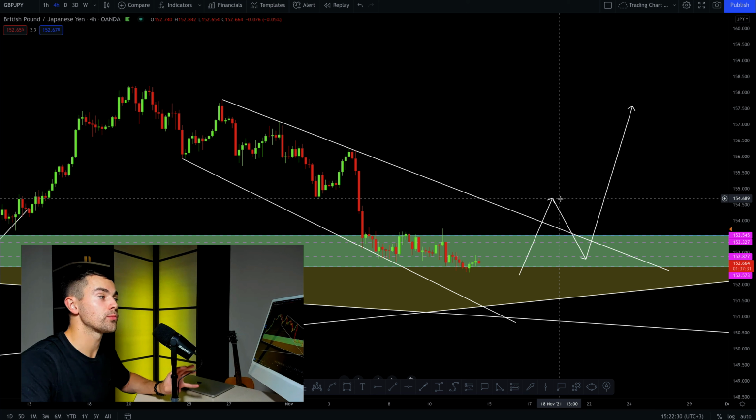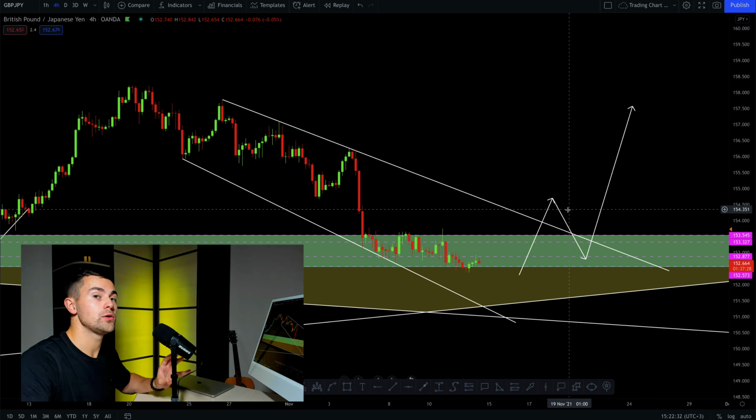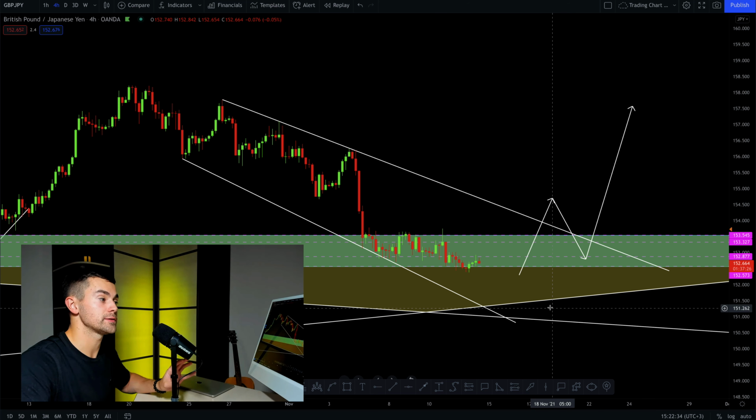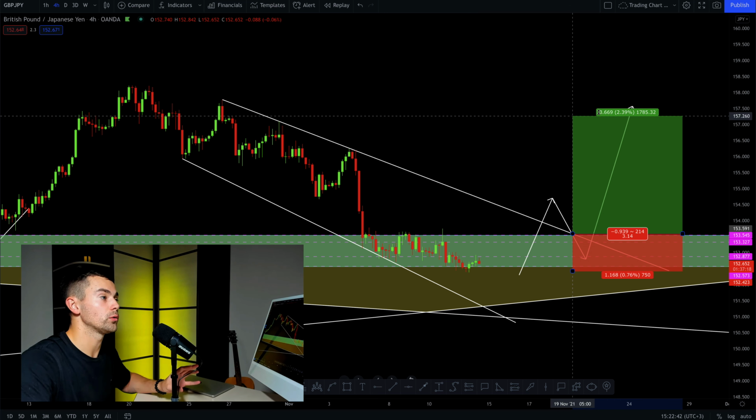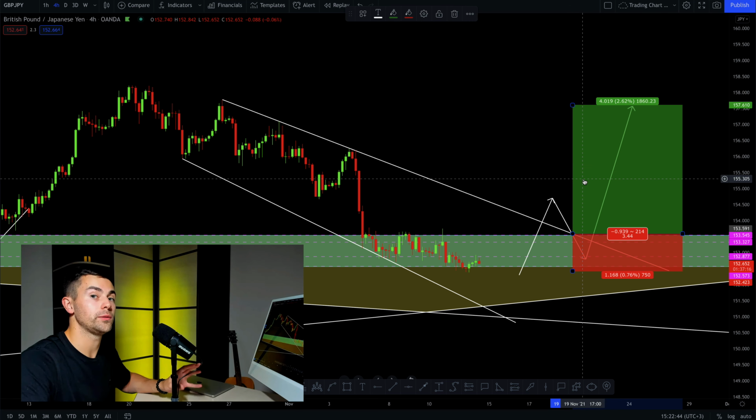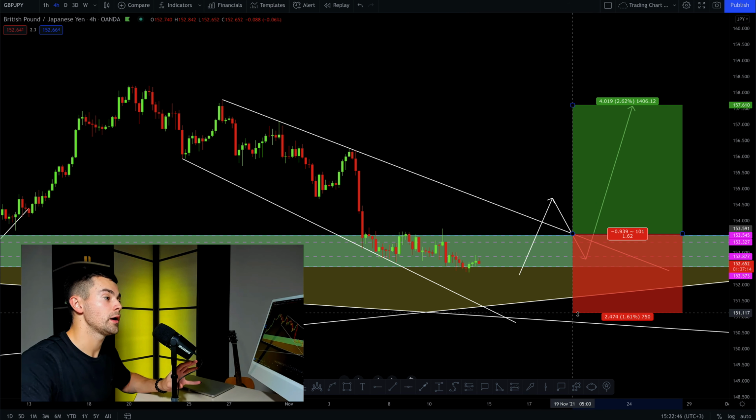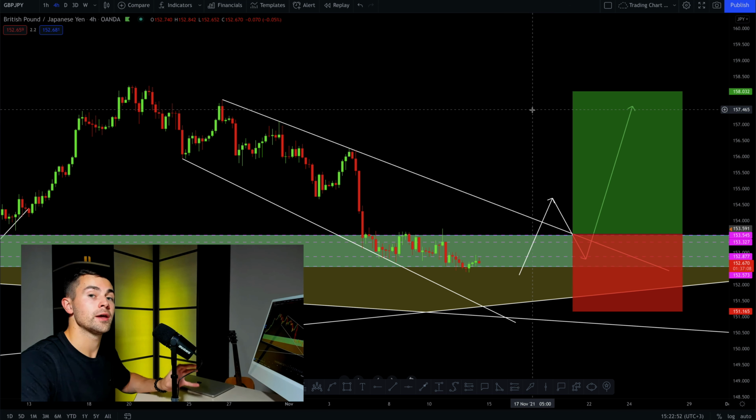You wait for the breakout of this flag, you buy the market on a retest, and you set your stop loss below our potential reversal zone, so that your potential trade would look like that. Your initial target being the current structure high, and your stop loss is lying below the potential reversal zone. That is how you trade this setup, being a swing trader, being a confirmation trader.